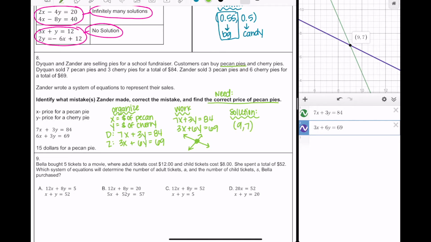Remember that we needed the price of a pecan pie. Pecan was x, so 1 pecan pie is $9. Now this has pretty much done the work for us. As we find the mistake that Xander made, looking at our equations, we can see that his mistake was right here.